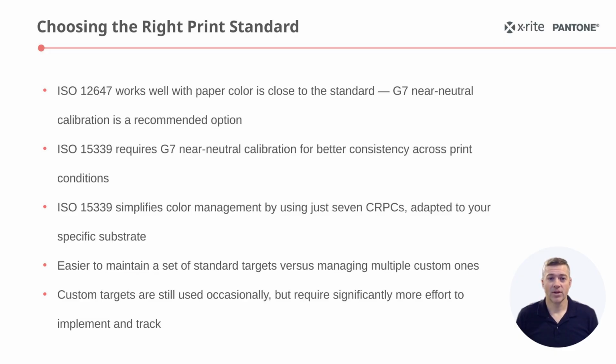But if you need to match color across different types of printing conditions, ISO 15339 is the better option. It requires G7 near-neutral calibration and relies on just 7 CRPCs that adapt to the substrate with SCCA as part of the process. This makes it easier to manage because you're working with a simplified, consistent set of targets rather than dozens of custom ones.